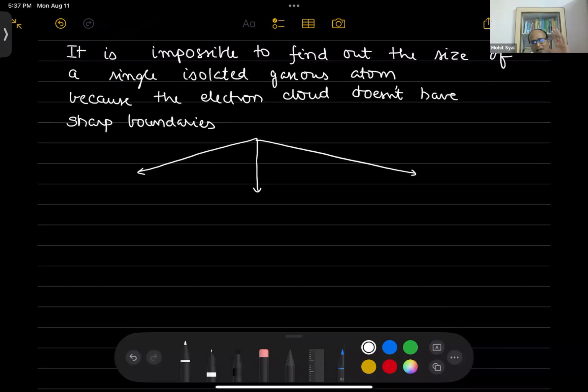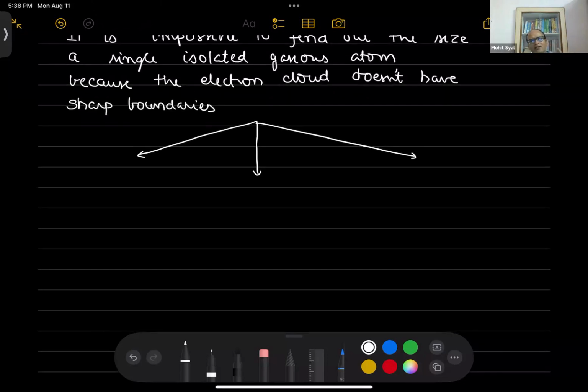If I give you an isolated atom, you will not be able to find the size because it doesn't have a sharp boundary. So you take a large number of atoms in solid state and figure out the distance between two adjacent atoms, and divide that distance by 2. That will give you the size of the atom.